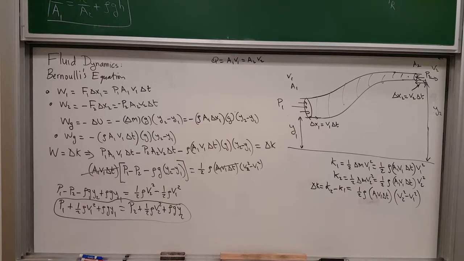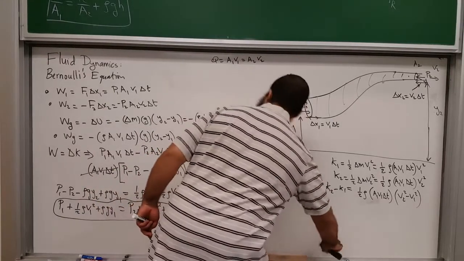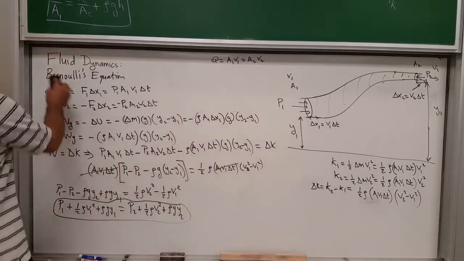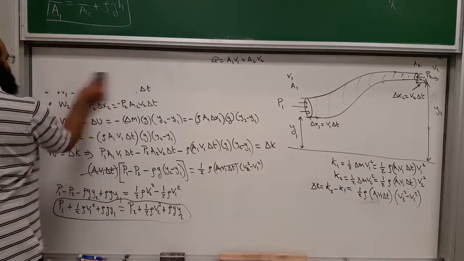Good. Took 13 minutes. So I'm going to erase this board and just write that equation and then try to apply it to a couple of problems. So we have two equations: this is continuity and Bernoulli's equation.